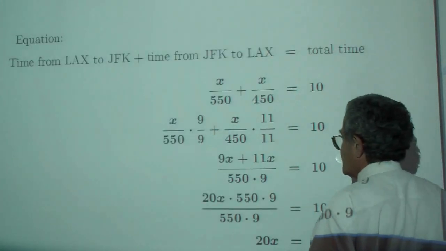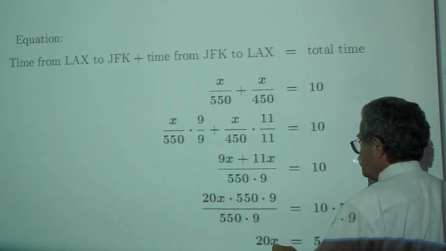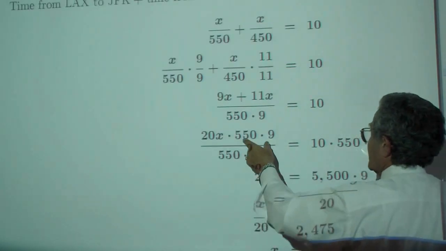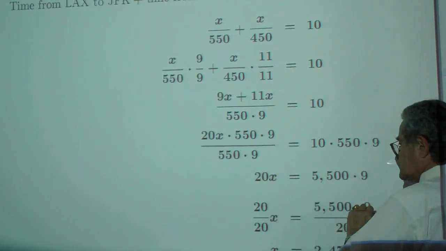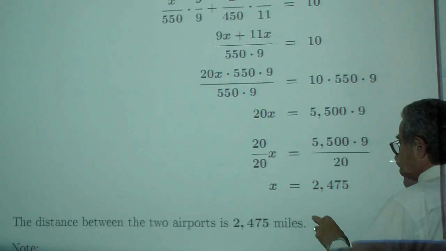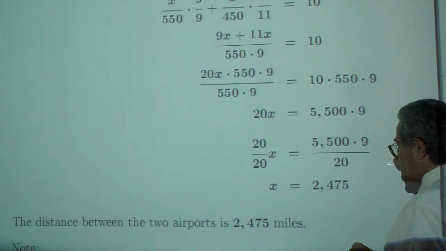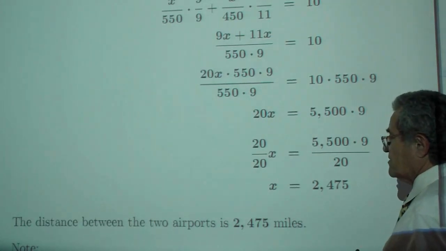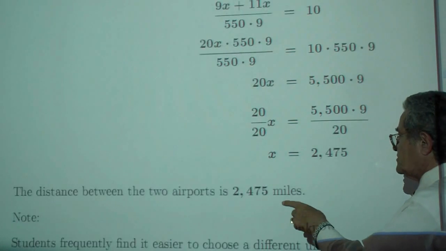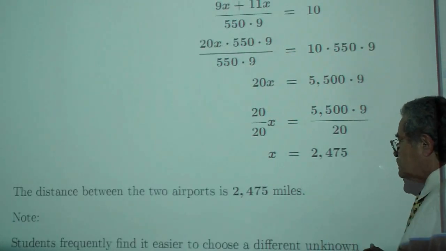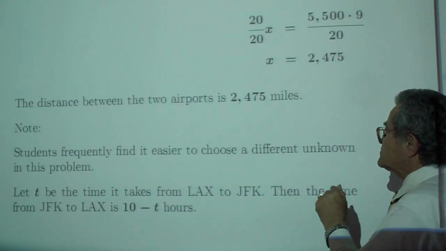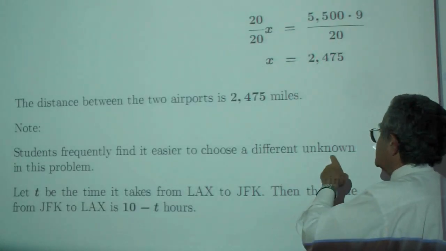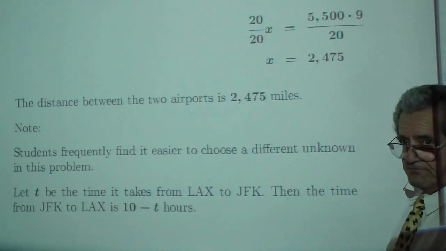Anyway, how you do it, you have the same denominator, you add the numerators, multiply both sides by 550 times 9. 20x is this number, divide by 20. You get x, which is 2,475. So the distance between the two airports was 2,475 miles. Students frequently find it easier to choose a different unknown in this problem.